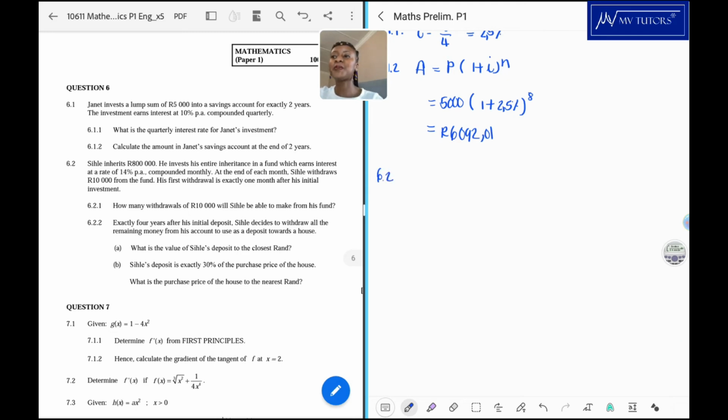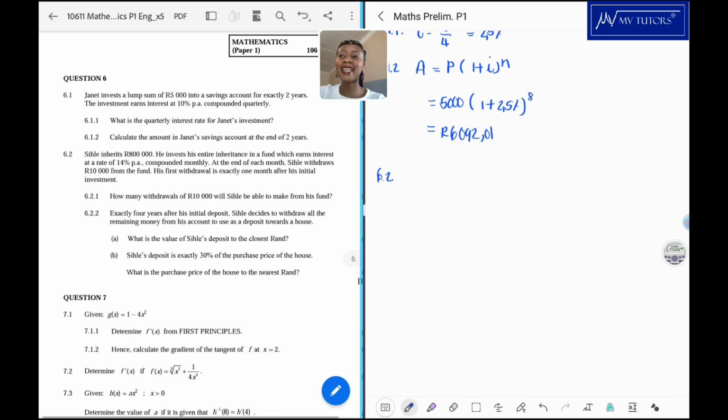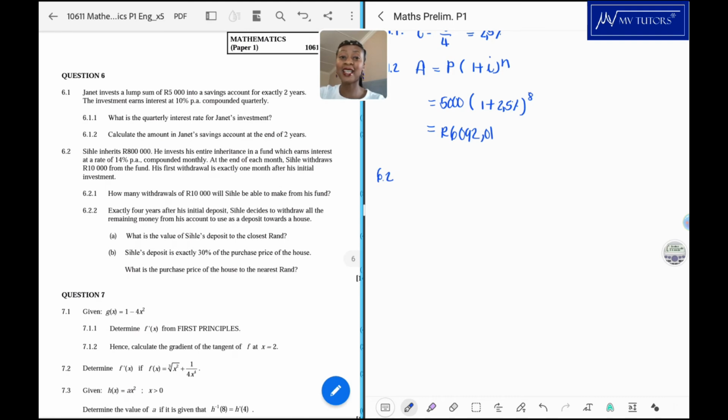Okay, now Sihle inherits 800,000. So basically he got 800,000 today. So the present value amount is 800,000. He invests his entire inheritance in a fund.